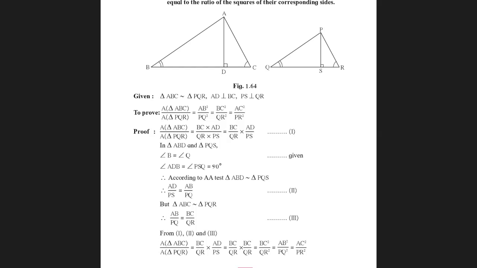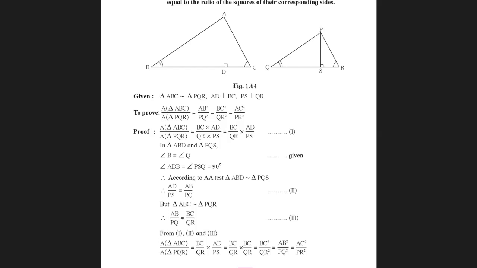Now, look at equations 1, 2 and 3. In equation 1, instead of AD upon PS, I can write it as AB upon PQ. So I'll get BC upon QR into AB upon PQ. Now from equation 3, I know AB upon PQ can be written as BC upon QR. Therefore, I get area of triangle ABC upon area of triangle PQR as BC square upon QR square.